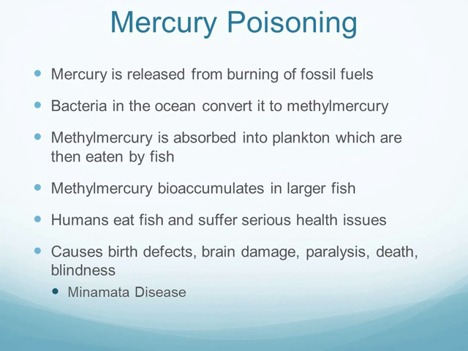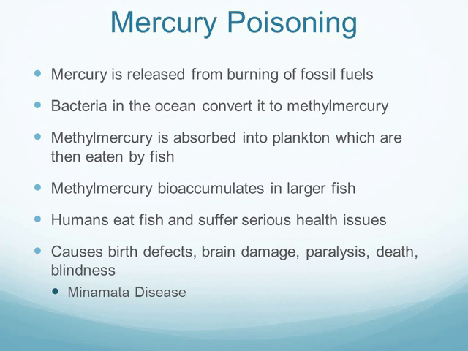What ended up happening was that they released all of that byproduct into the bay, and it got into the fish. Essentially what happened was bioaccumulation. The methylmercury accumulated within the plankton, which were then eaten by the fish, and then larger fish would eat those smaller fish.